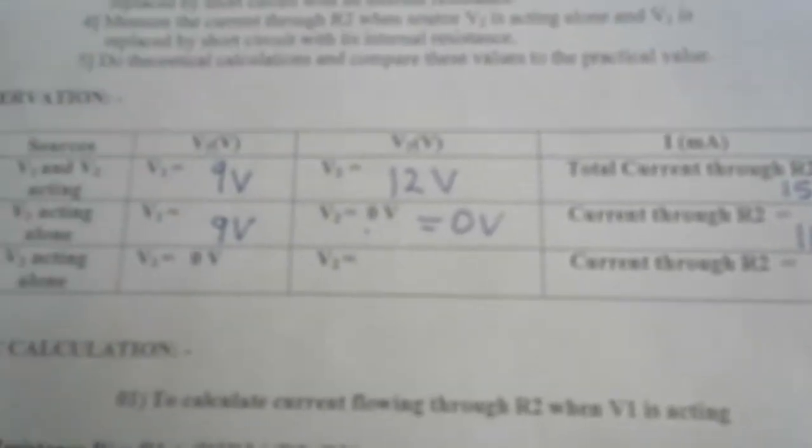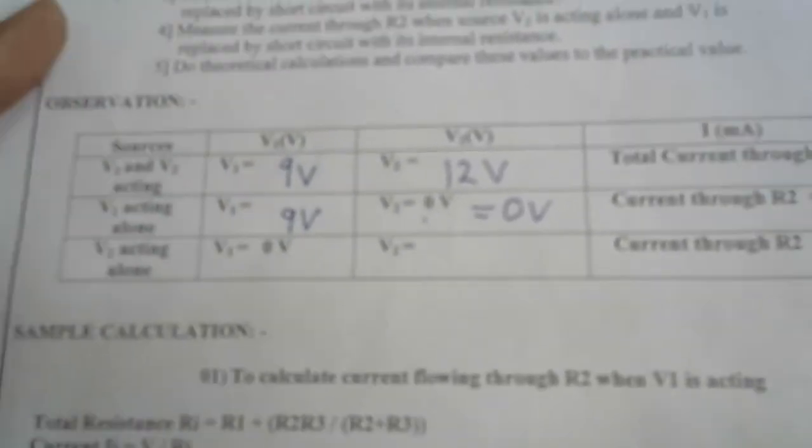In the second part, V2 is 0 volt, and V1 is 9 volt we have taken. The current flowing through the R2 is 11.67. Okay, so we have taken the reading.